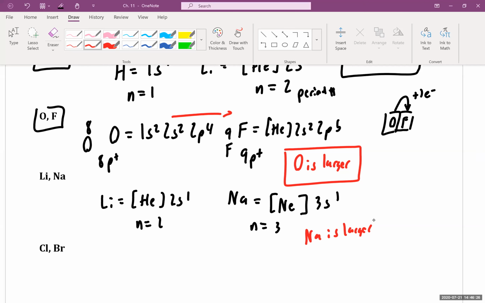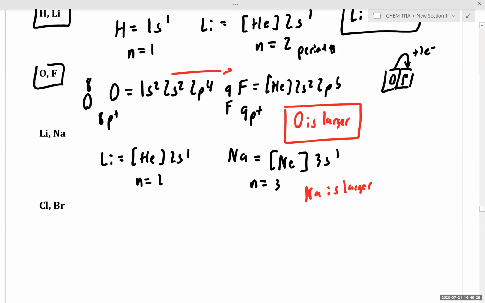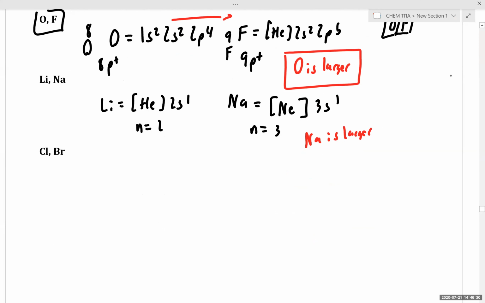Okay. Let's look at chlorine and bromine. We've actually already written the configurations for chlorine and bromine. The configuration for chlorine is, let's check the periodic table just to be sure. Okay, so for chlorine, we have neon, 3s2, 3p5.